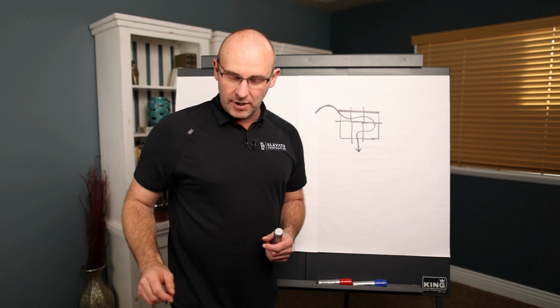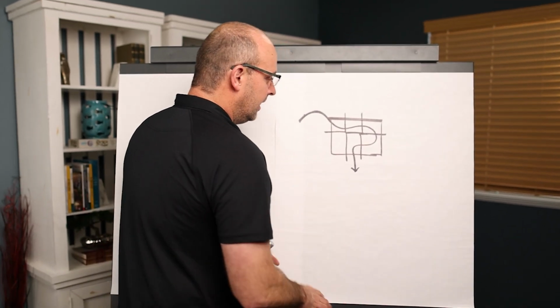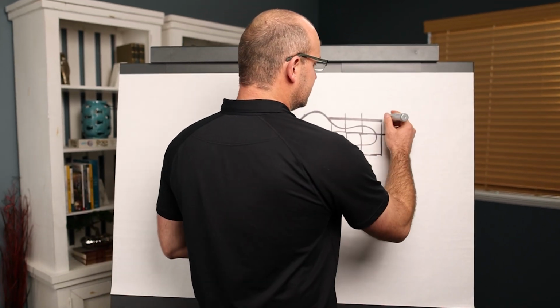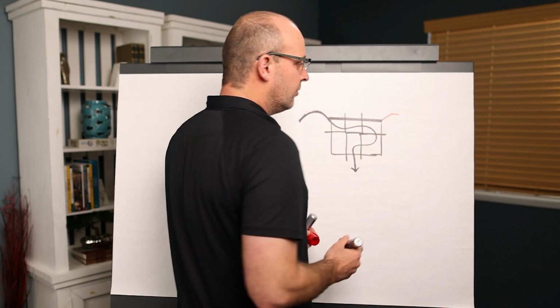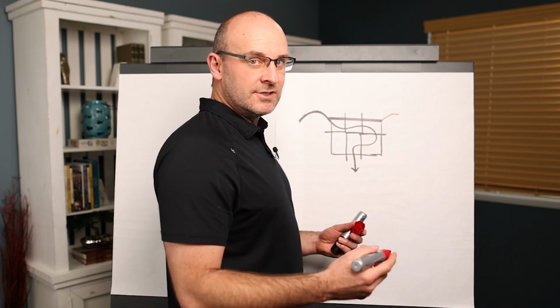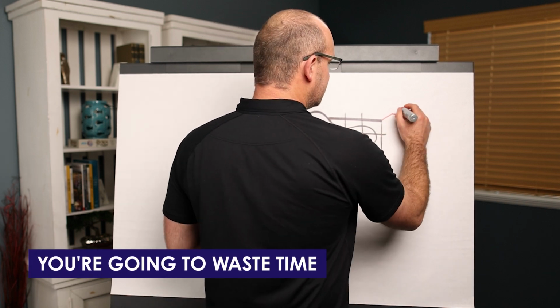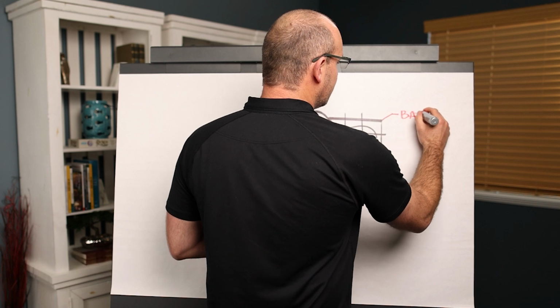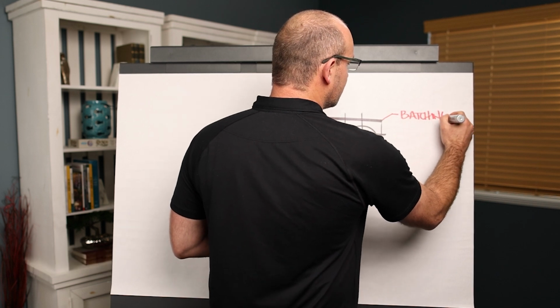Now here's my problem or my concerns right out of the gate. One of the problems that I have with this is if you identify your work areas as large batches, then you are going to waste time. So batching or large batching is going to waste time.